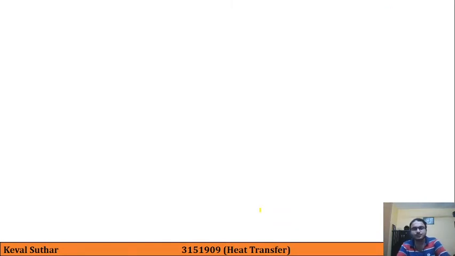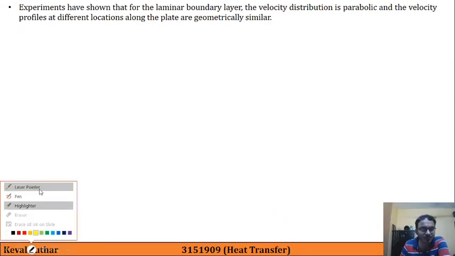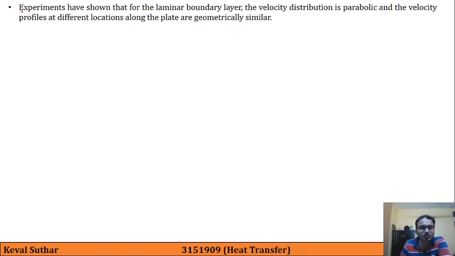So now, experiments have shown that for laminar boundary layer, the velocity distribution is parabolic, and the velocity profiles at different locations along the plate are geometrically similar.